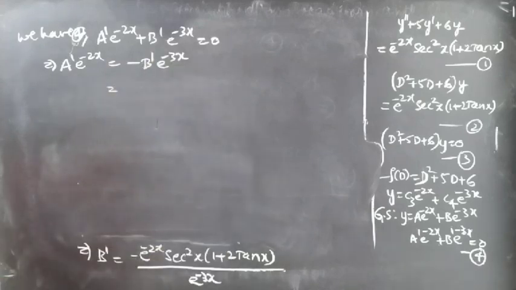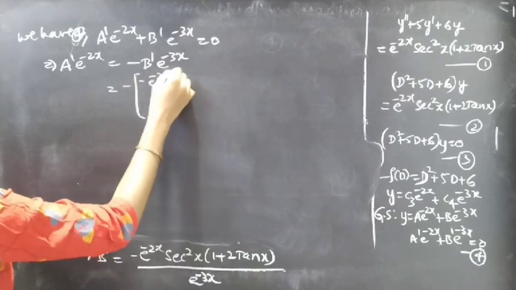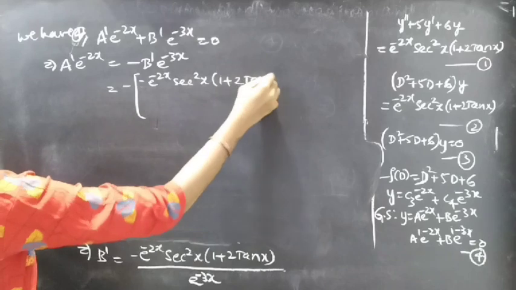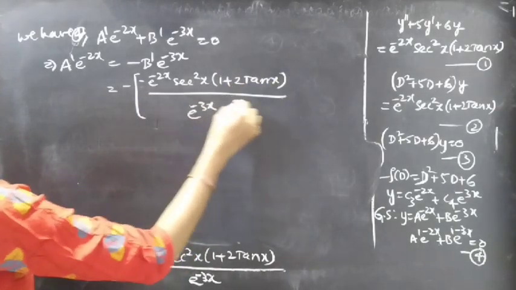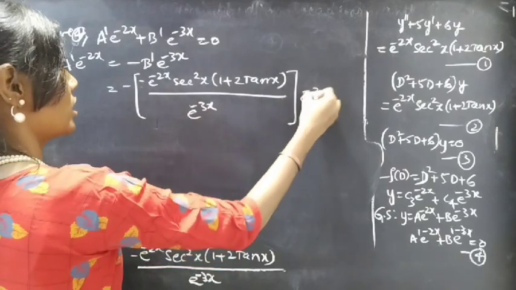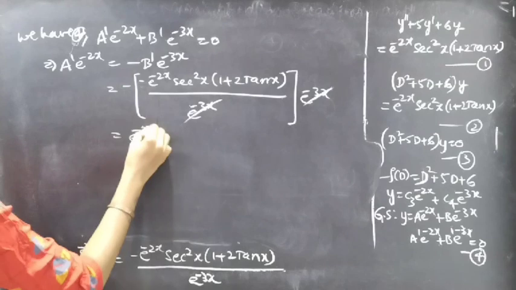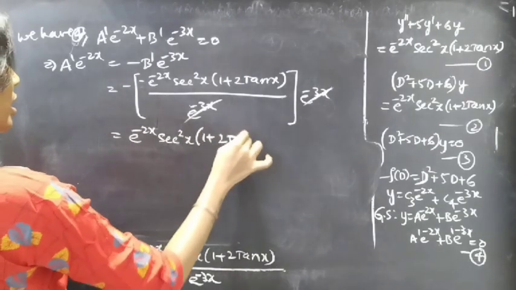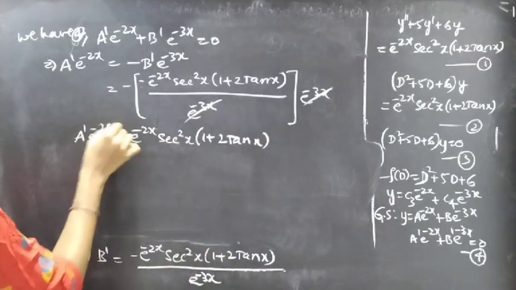Now substitute b dash, we'll get minus of minus e power minus 2x secant square x of 1 plus 2 tan x by e power minus 3x into e power minus 3x, where e power minus 3x gets cancelled, and we'll get e power minus 2x secant square x of 1 plus 2 tan x, right? Which is our a dash e power minus 2x.